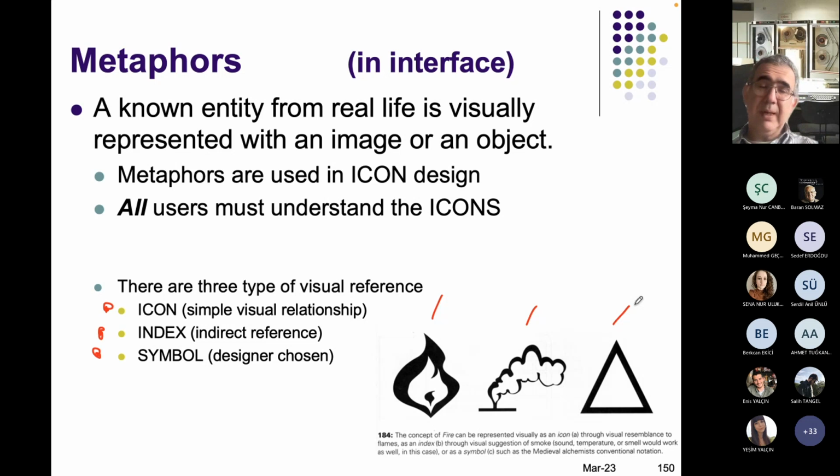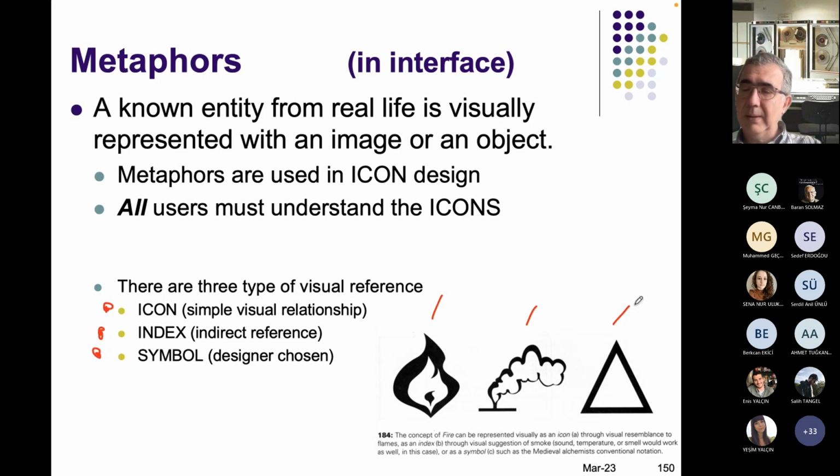Icon has a simple relationship with the metaphor itself, like a trash can. Index has an indirect relationship, such as fire and smoke. There is smoke because there is fire. There is an indirect relationship.